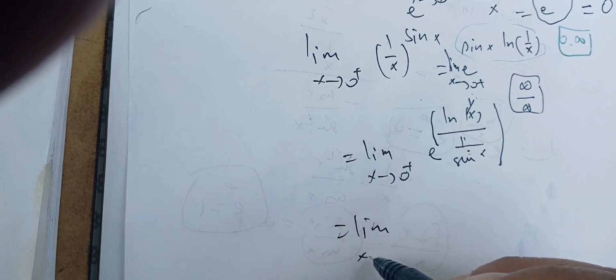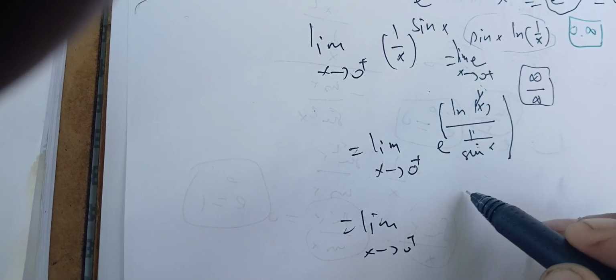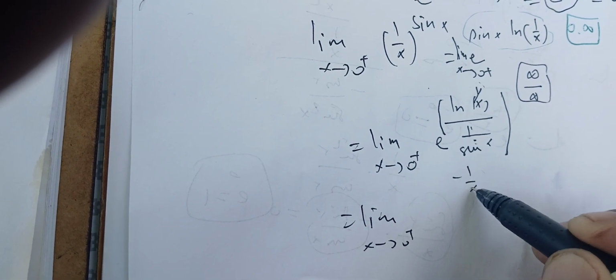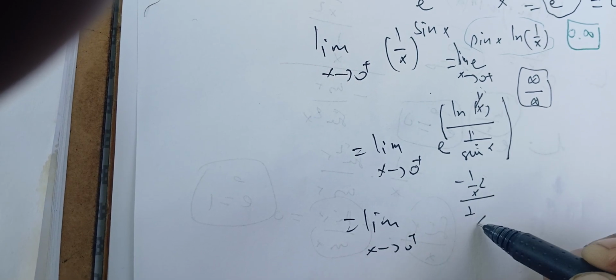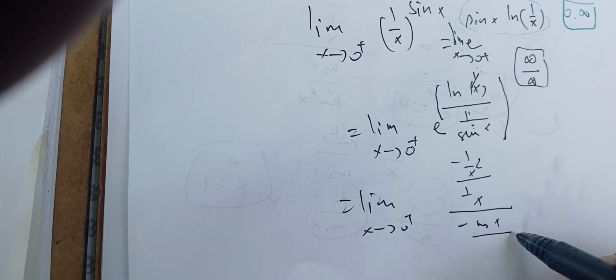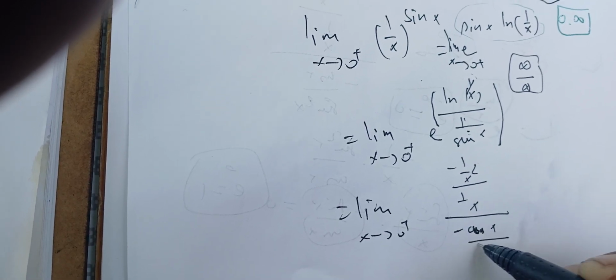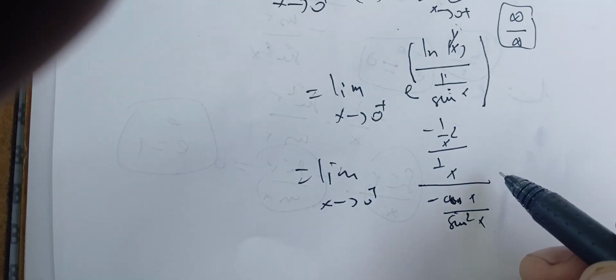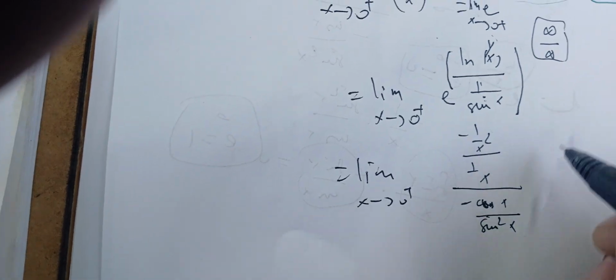We differentiate the first one and get minus 1 over x squared over 1 over x, and the one below gives us minus cosine of x over sine squared of x. It's a bit messy, so let's rewrite it one more time.